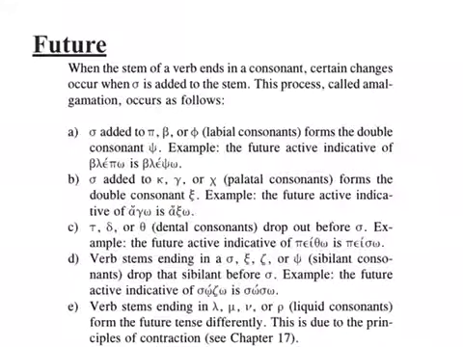The problem, though, is if a verb ends with a consonant, things happen. It's called amalgamation. And I don't know, the Greeks just don't like the S sound. And really, when you think about it, the sibilant sound has a hard time with some consonants.